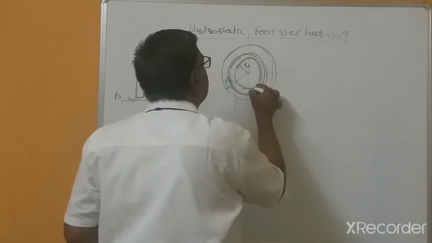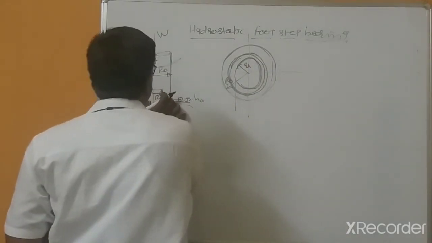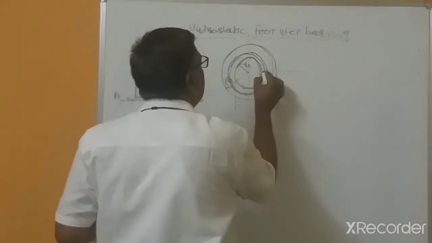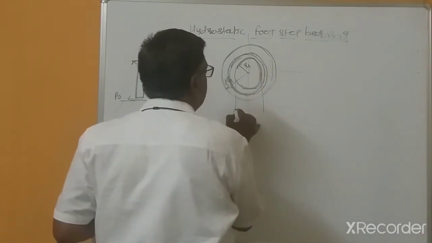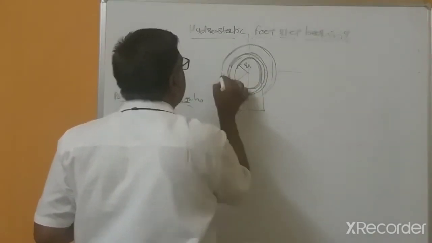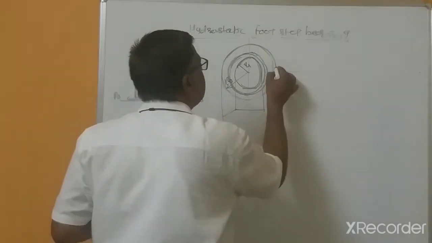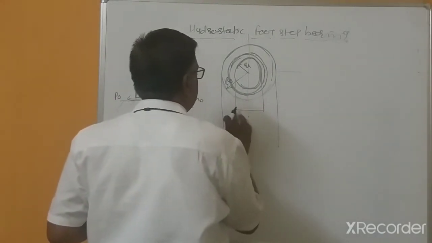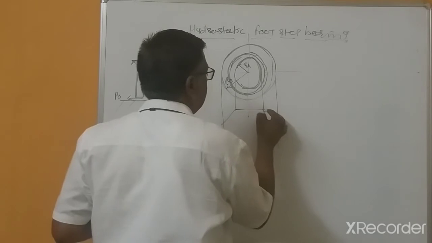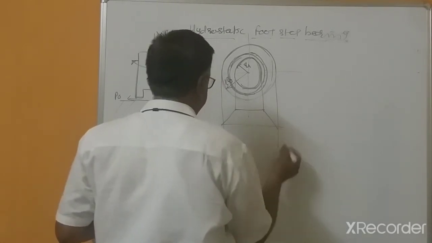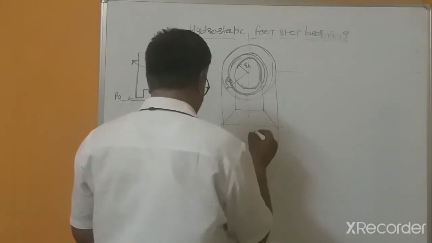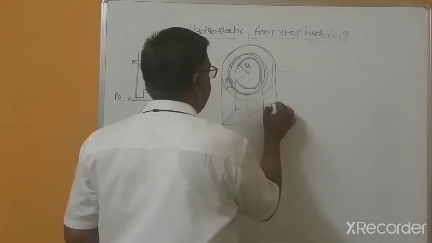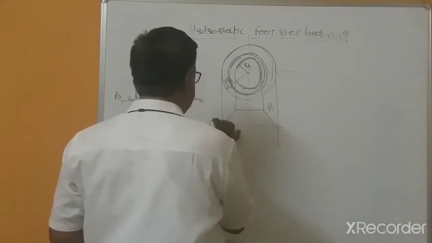At the entry point the pressure is more, and after that the pressure decreases. This is the inner pressure and this is the outer pressure.